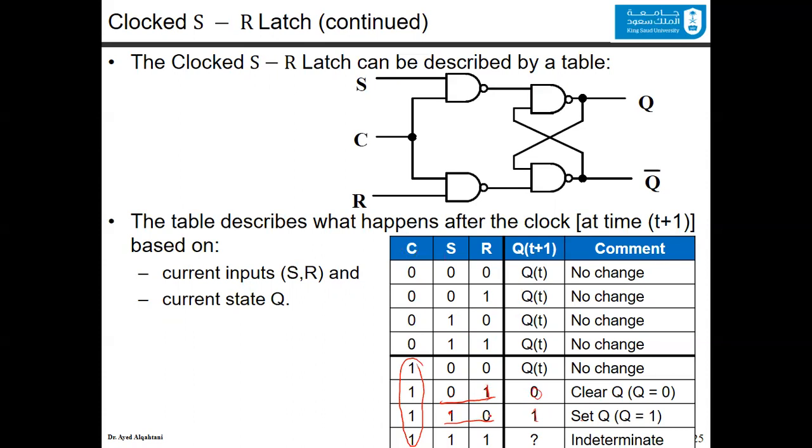When R is equal to 0 and S is equal to 1, you are setting the Q. Now, the value 0, 0 in the S and R means that you are saving. There won't be any change. It's like when the clock equals 0. The value 1, 1 in the SR is forbidden because the output is undetermined.